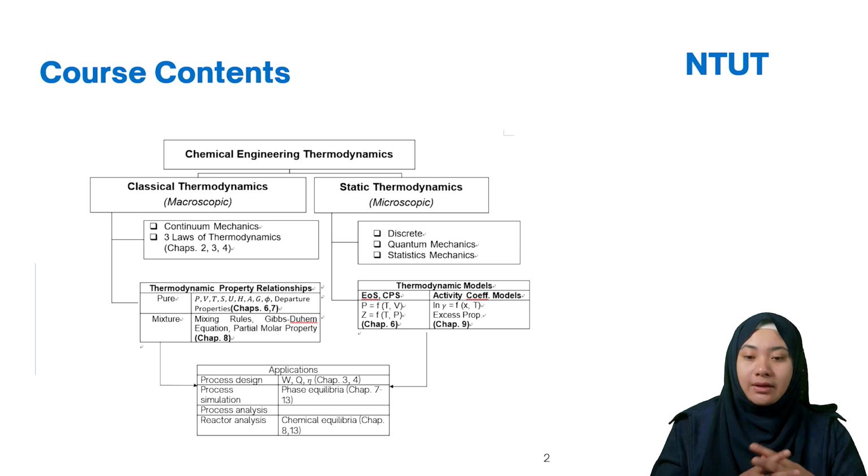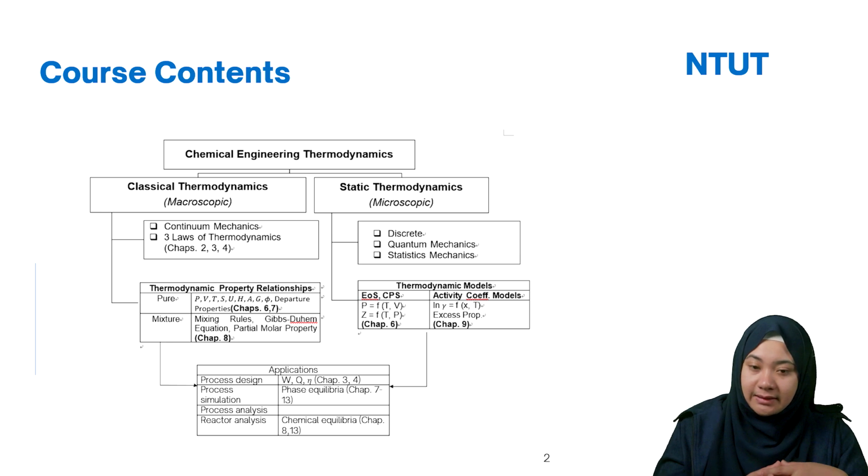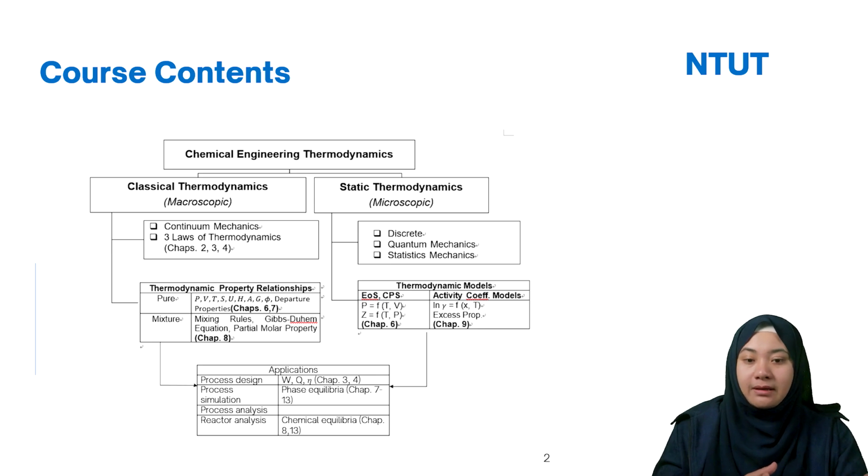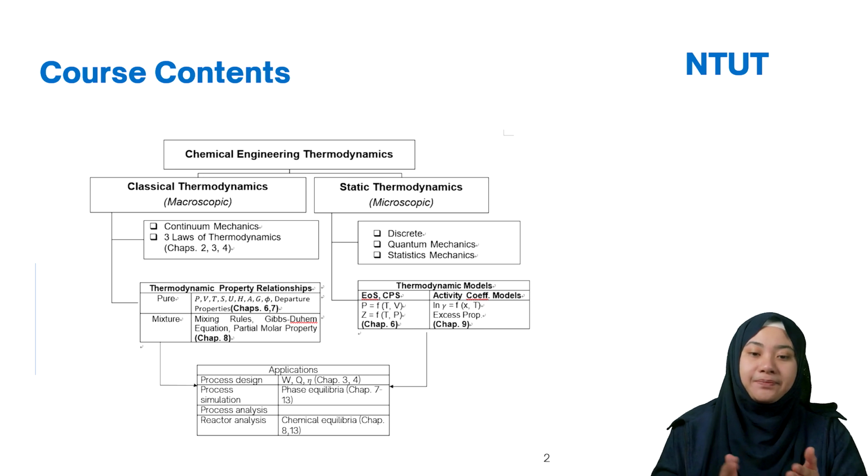And then another is the Gibbs-Duhem equations, and partial molar properties. On the other side is statistical thermodynamics, microscopic. You have discrete quantum mechanics and statistical mechanics. Overall, in these three concepts we just discuss probability.